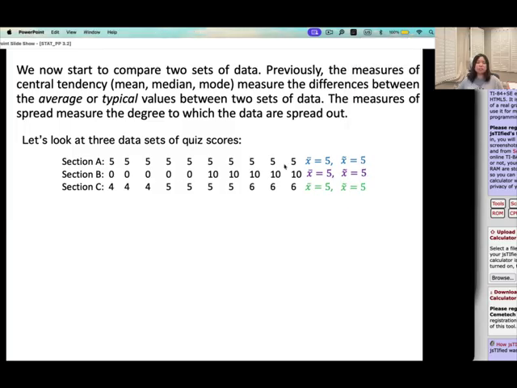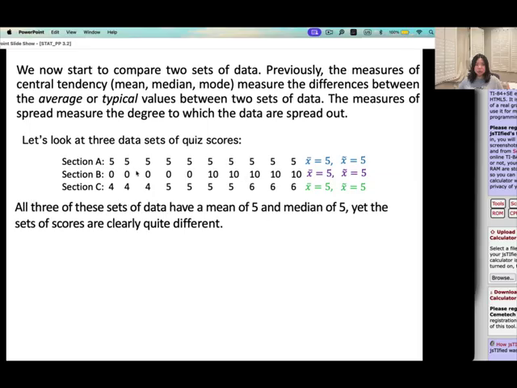So we have these three sets of data. If we calculate the central tendency, it looks exactly the same with the mean and the median. However, when you look at the data sets of the quiz scores, they are a little bit different. Session A has all 5s, everyone getting 5 points.